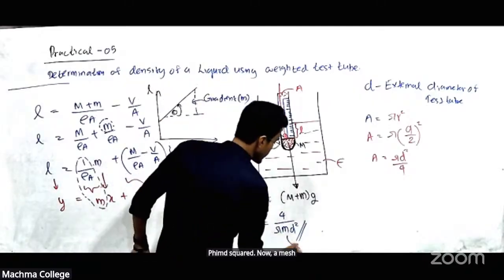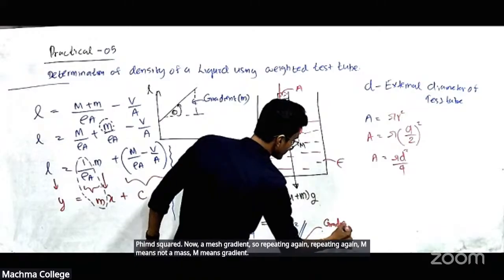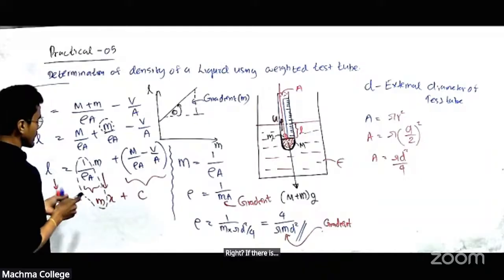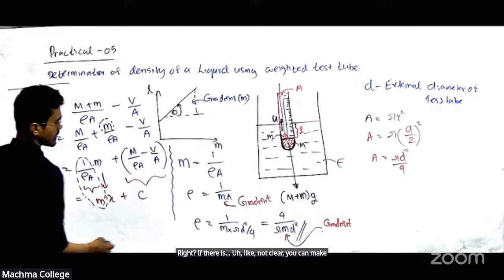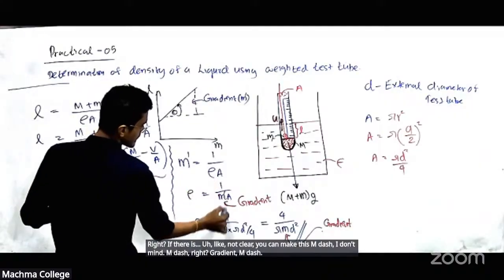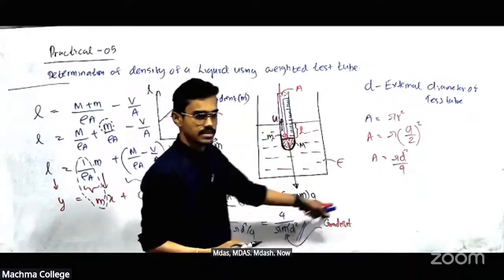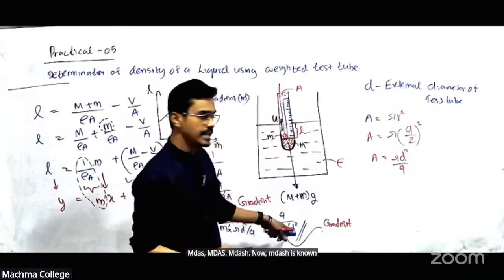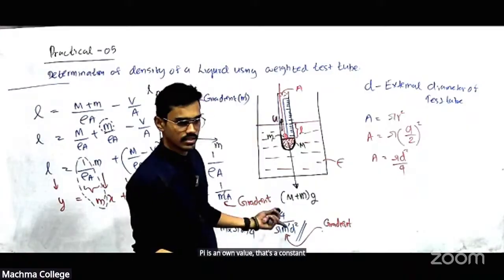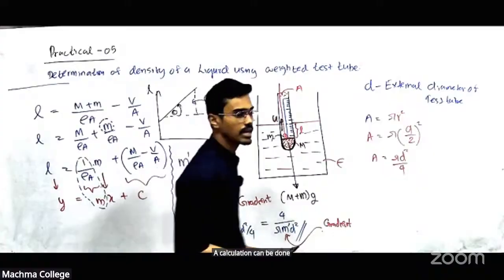So repeating again, M is not a mass, M is the gradient. If it's not clear, you can make this M dash. I don't mind. Gradient M dash. Now, M dash is known, the diameter D is known, pi is a known constant, so a calculation can be done and rho can be determined.